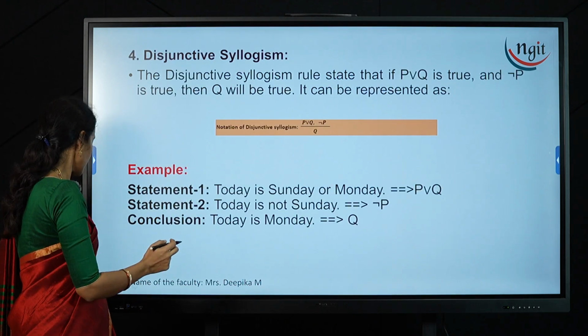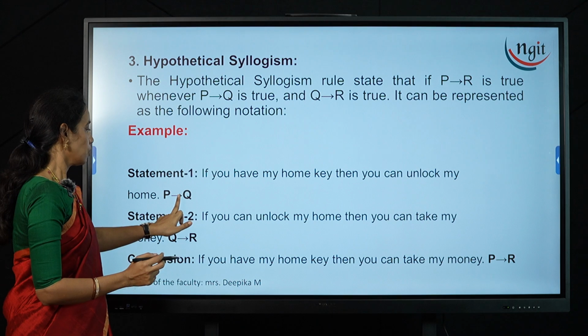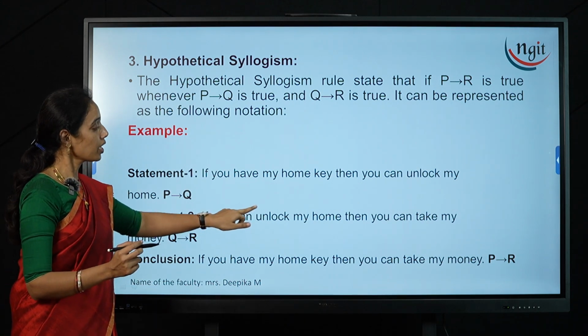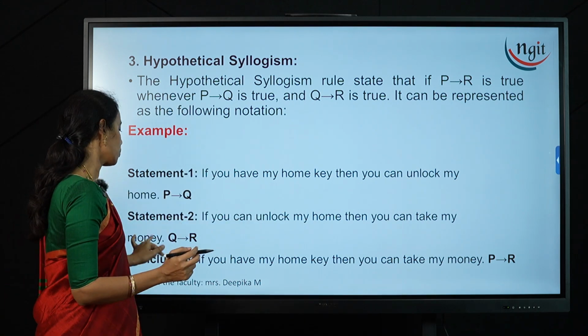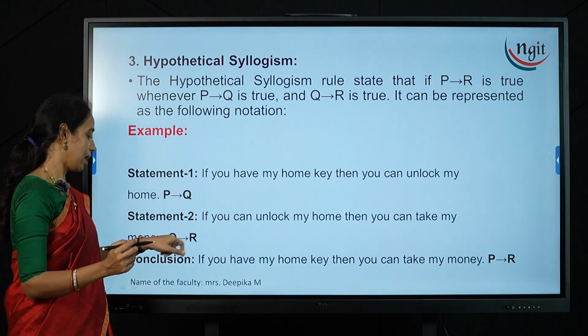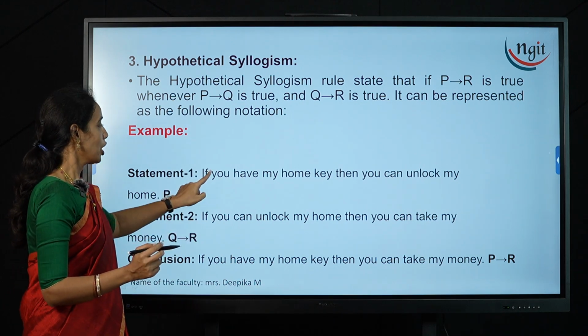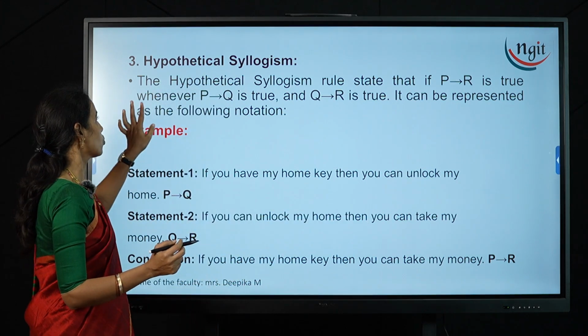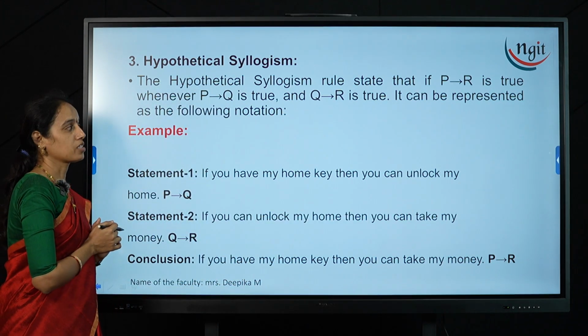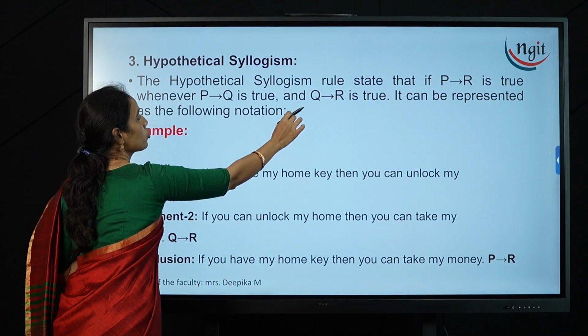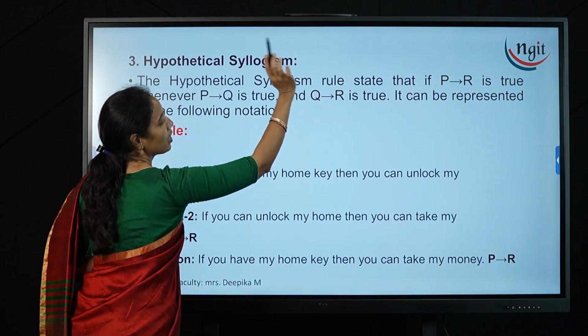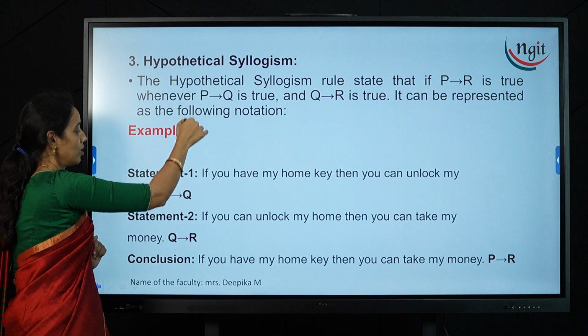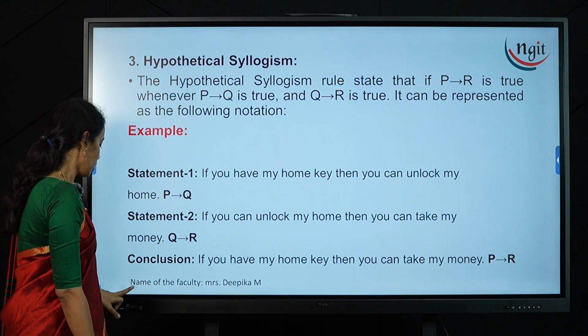That is P conditional Q. If you can unlock my home, then you can take my money. That is Q conditional R. Then the conclusion is, if you have my home key, then you can take my money. That means if you have these two statements, obviously you can derive the third statement. That is what we call the hypothetical syllogism.